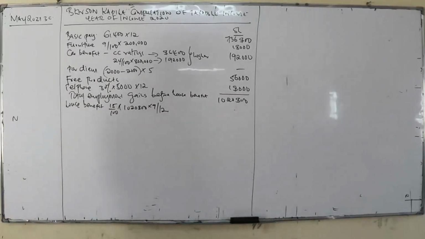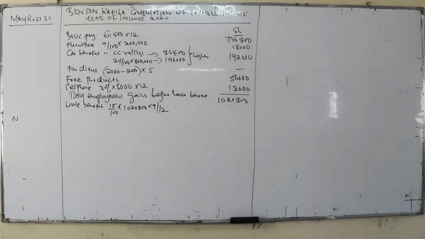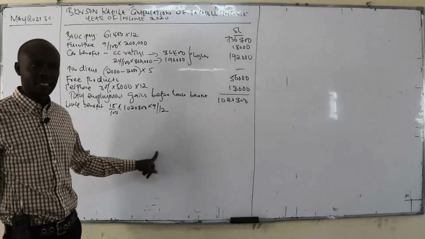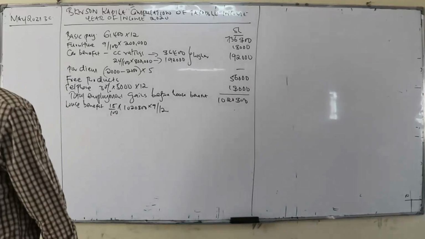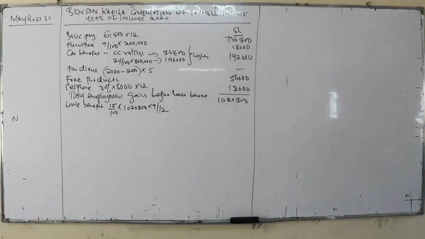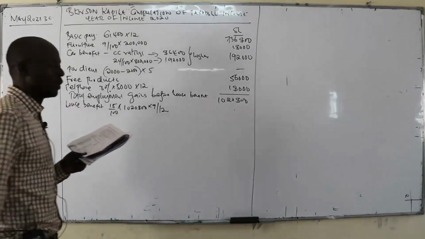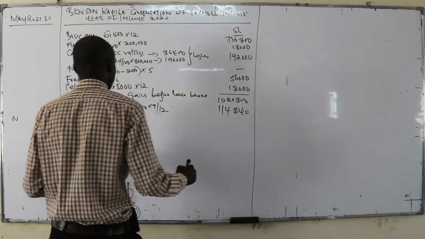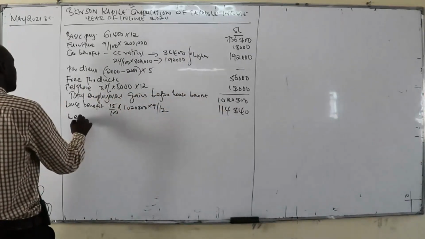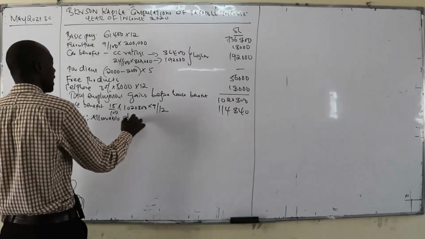If they had given us the market rental value of the house, then we compare with the 15%. Whichever is higher of the two, we pick it as a taxable benefit. Here, we have not been given the fair market rental value of the house. So how much will this be? 114,840.